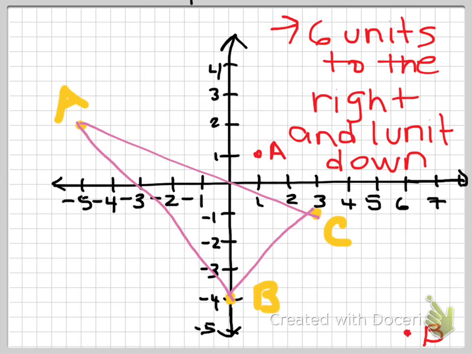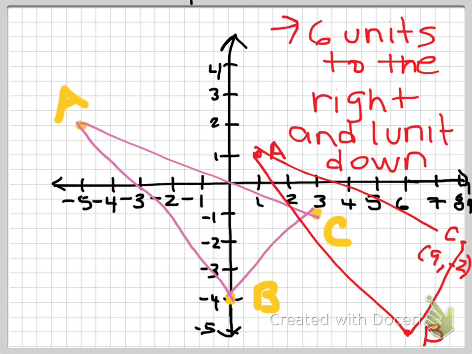Well, we're just going to know that we're supposed to go to 9 on the x-axis, because if you add 6 to 3, and that's 6 units to the right, that's going to make you go to 9 on the x-axis, and then 1 unit down from that is going to go down to -2, so we're going to put our point here. The point is supposed to be 9, -2. And that's point C. So this would be your new figure.